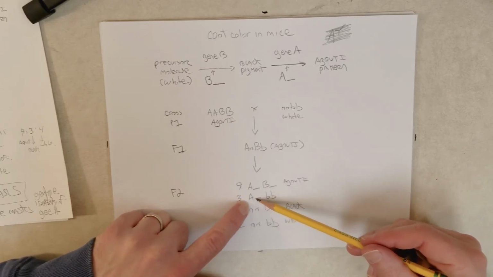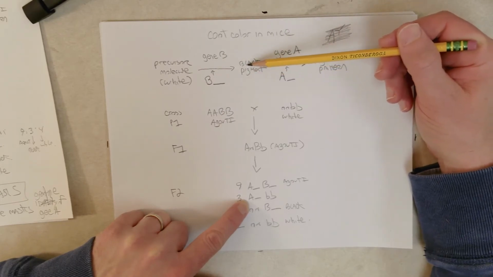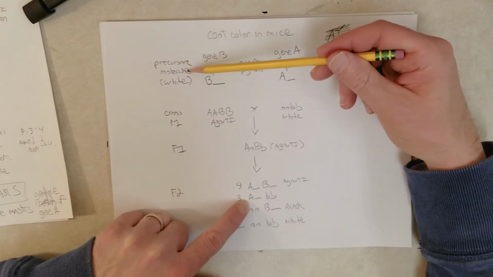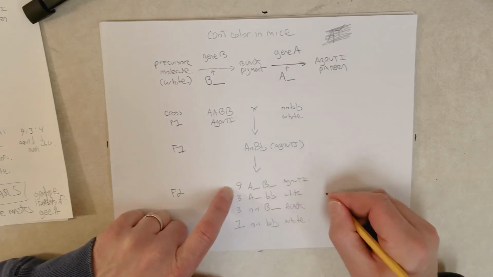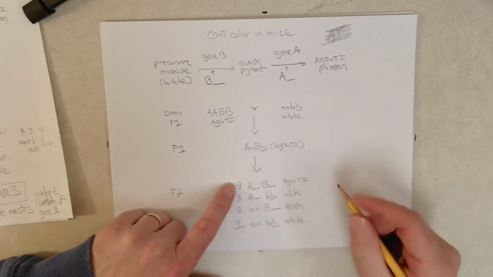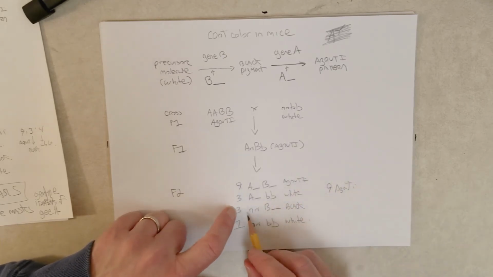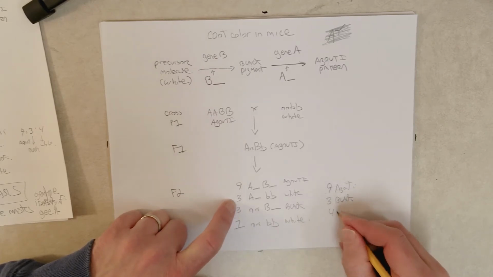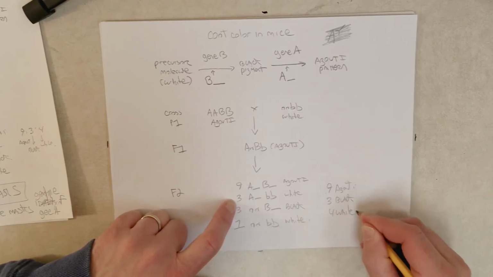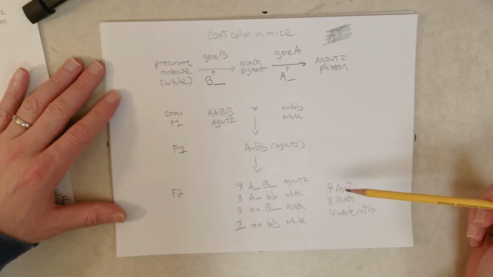So these guys, even though they have this, can't make the black pigment, so they're stuck way back here. And these will be white. Now this leads to a 9 agouti to 3 black to 4 white ratio. Okay, so 9 to 3 to 4.